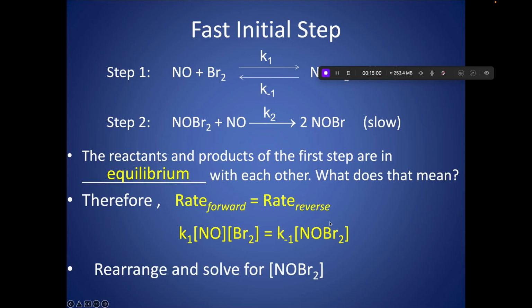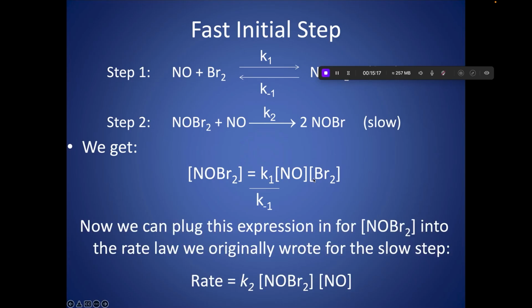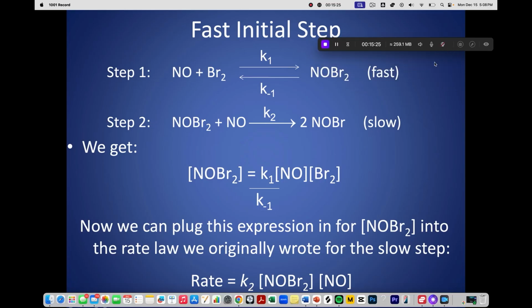Okay, I'm going to rearrange this, and I'm just going to solve for NOBr2. So I'm going to divide both sides by k minus 1, which is just the reverse rate constant. And now I see I have NOBr2 in terms of the reactants. I've gotten that from my first step. And now I can plug this into my rate law for the slow step, which is what we said I want to base my entire reaction on.